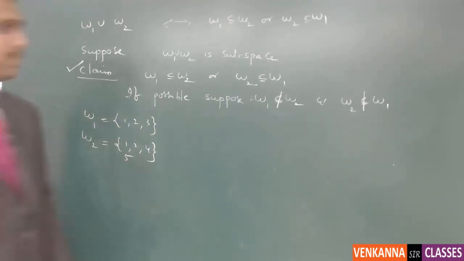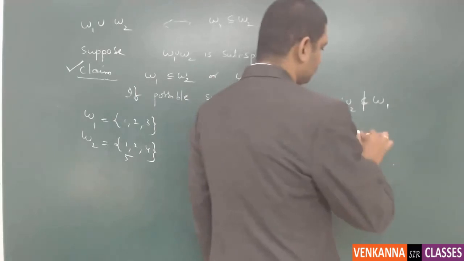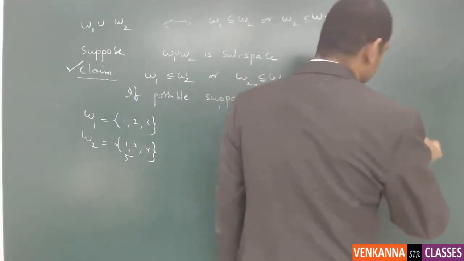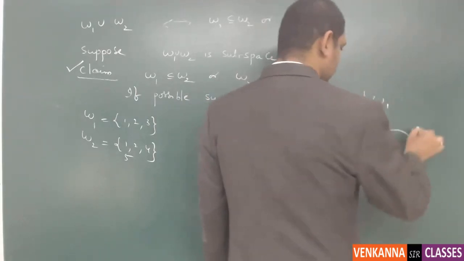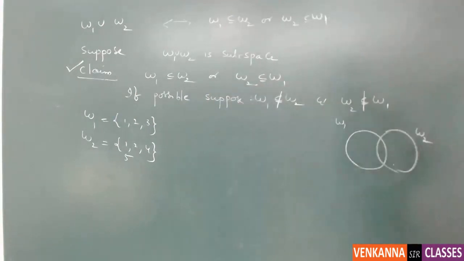So you can have the picture like this. Let us take that there is an element X which belongs to W1 only, which is not there in W2. Similarly, exclusively you can find an element Y in W2 such that Y does not belong to W1.